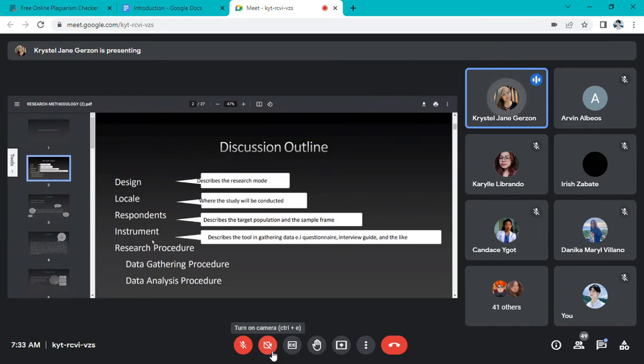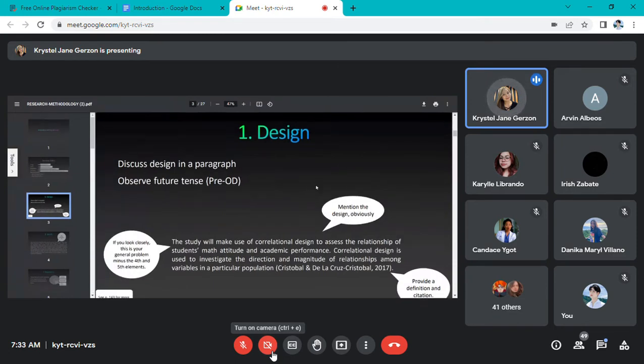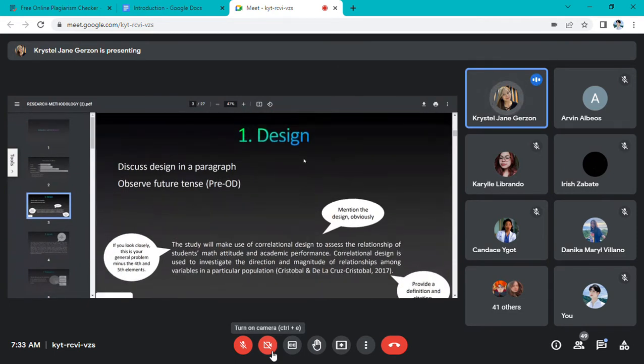And then the instrument, meaning the tools that you will be using to gather the data. Then the research procedure, which is composed of the data gathering procedure and the data analysis procedure. So these are the same parts as last time. First is your research design, the first paragraph of your research methodology.